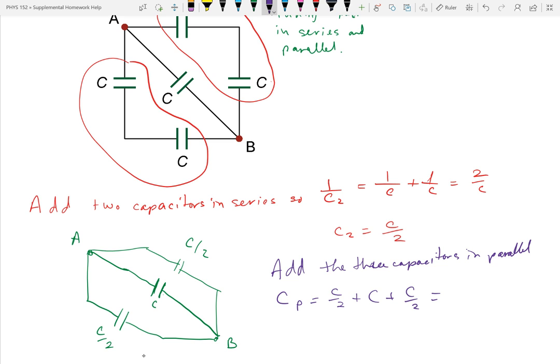What's 1/2 plus 1/2? 1. Okay, so C over 2 plus C over 2 is C times (1/2 plus 1/2), so it's C, and then we add C. So the total is 2C, and C is 1 microfarad, so it's 2 microfarads.